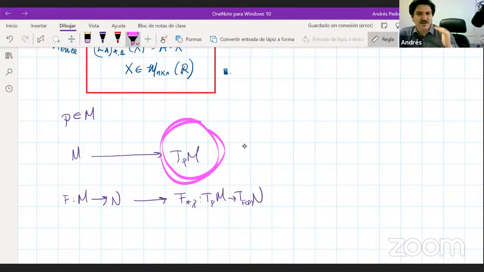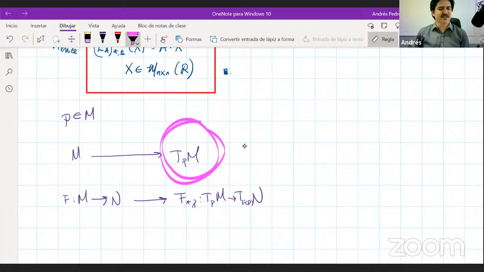So instead of having something curved, so to speak, in the manifold, you go to something straight, which is the vector space. That's more or less what it is called, the infinitesimal thing of the manifold.